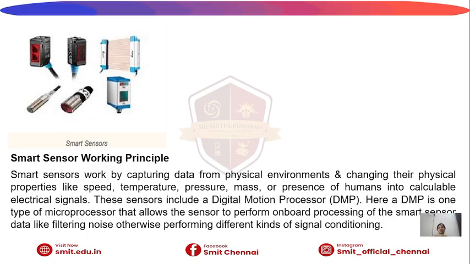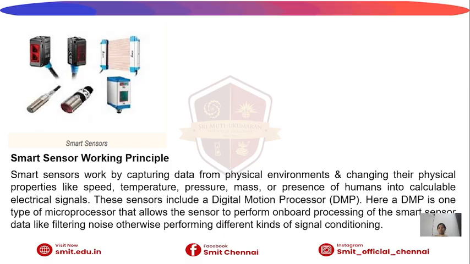This sensor uses a digital motion processor. The smart sensor uses the digital motion processor, which is one type of microprocessor used in smart sensors. It performs onboard processing for smart sensing, like filtering noise and performing different kinds of signal conditioning.